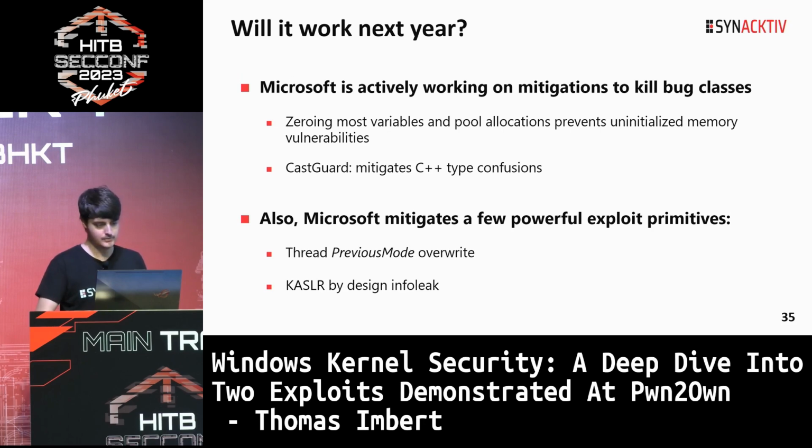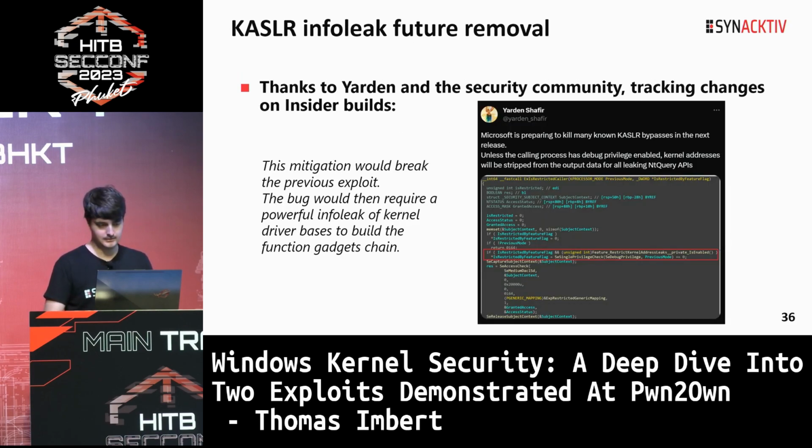And recently I learned that they are trying to kill KASLR by design info leaks. So this is the thing we use to leak the address of the token and to leak the address of modules. This is going away, apparently, thanks to the security community tracking changes on Insider builds.